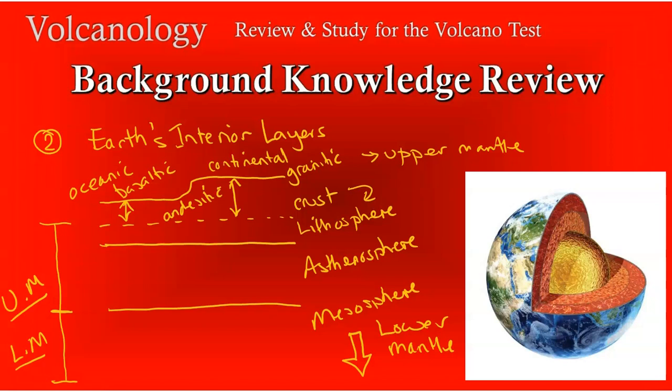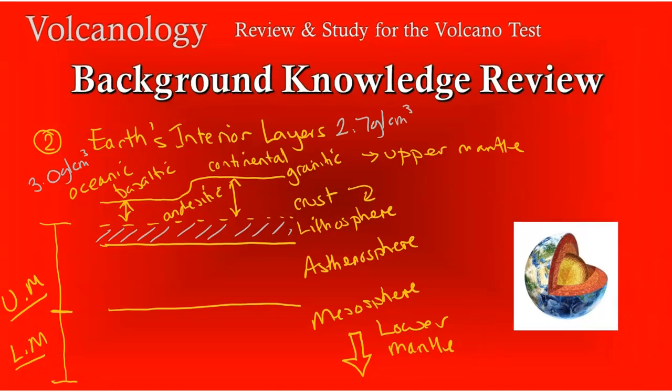The lithosphere is somewhat consistent in its composition and density, whereas the oceanic and continental upper crust area does differ in composition and density. Oceanic being around 3.0 grams per centimeter cubed, and continental being around 2.7 grams per centimeter cubed.